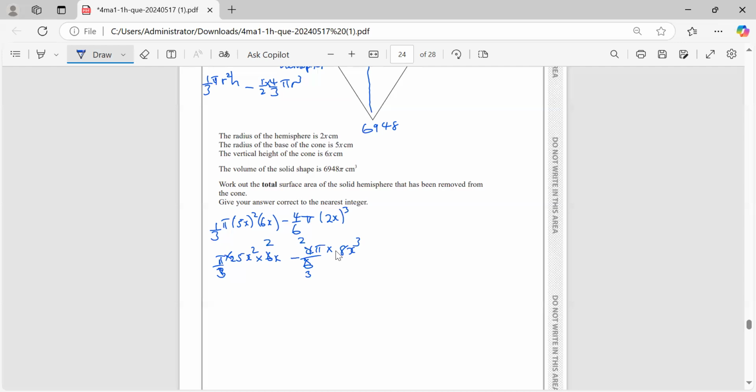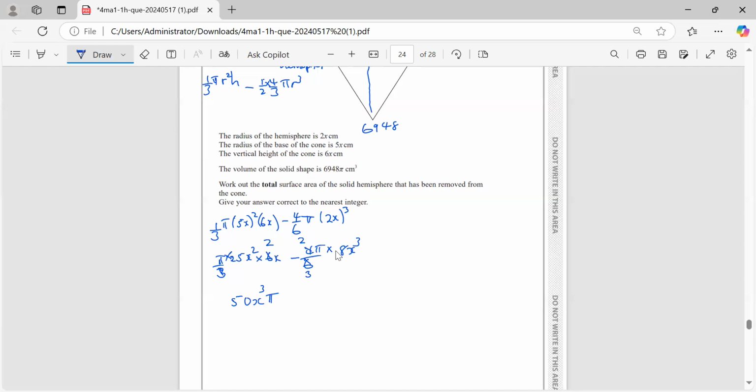So at the end of the day, I'm going to have 25x squared times 2x, so that's going to be 50x cubed pi, because we still have this pi over there. 25 times 2 is 50, and x squared times x is x cubed.